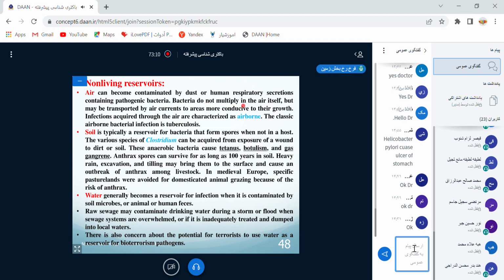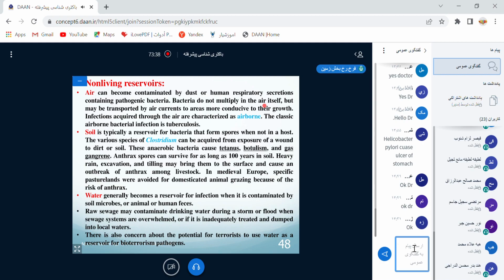Bacteria don't multiply in the air itself. Why? Because air doesn't contain the substrate needed for metabolism. Air is not a good place for metabolism, for growing, for multiplying, but it is a good place for transfer.